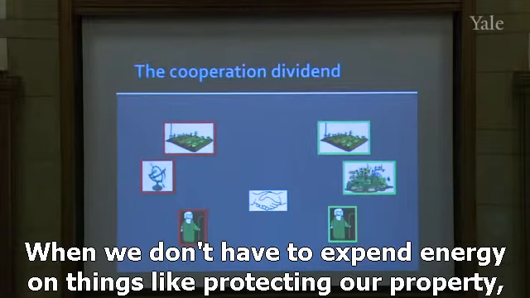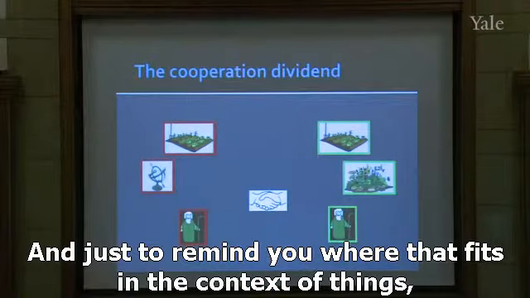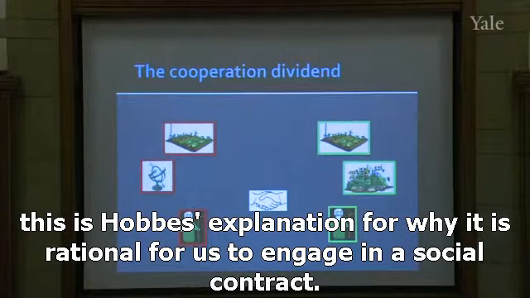When we don't have to expend energy on protecting our property, we have extra energy left over for things like commodious living. And just to remind you where that fits, this is Hobbes' explanation for why it is rational for us to engage in a social contract.